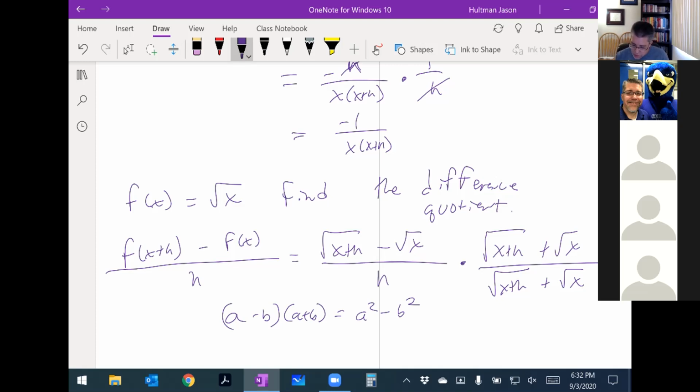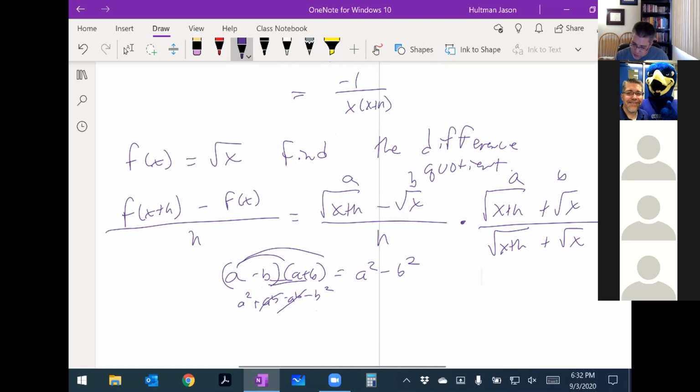I'm going to get a squared plus ab minus ab minus b squared, and the middle terms cancel out. So if I call this a and this b, and this a and this b, I'm going to end up squaring these things. It's going to be the difference of two squares.